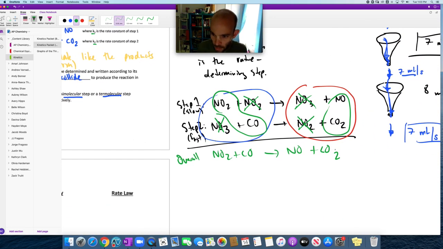Now, what's the rate of this overall reaction? It's the rate of the slowest step whose molecularity matches what we know to be the rate law. Okay, so we've got a step that corresponds with the known rate law, and the individual steps add up to the overall reaction. So this is a valid mechanism for those two reasons. Okay.